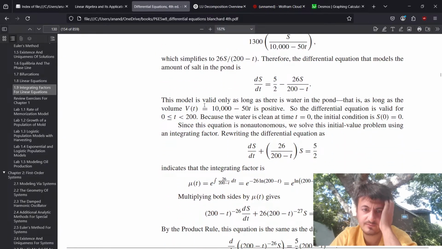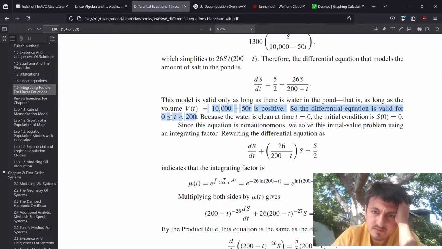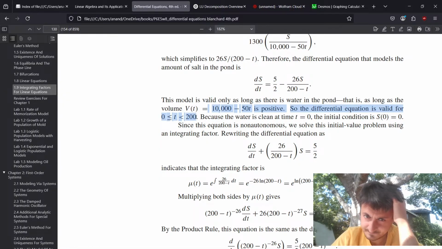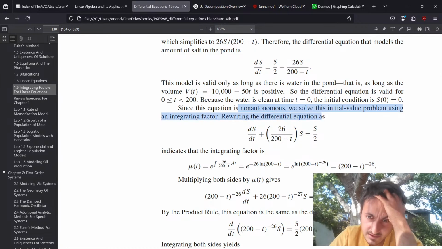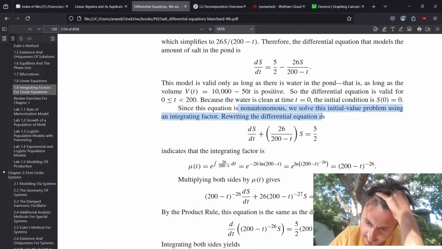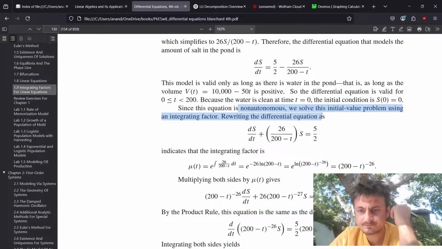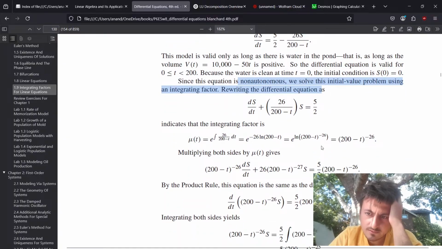Okay, then they explain the domain. And then they give us the initial condition. The autonomous we solve with an integrating factor, or it is non-autonomous. Okay, cool.